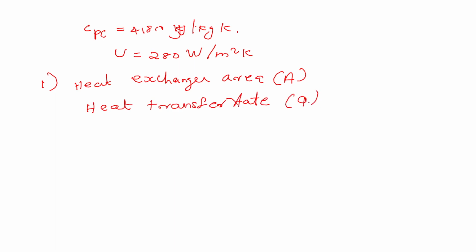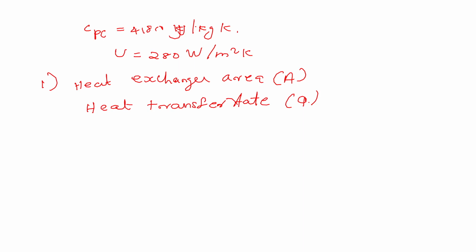Okay. Now to find the heat exchanger area, we have to know that heat lost by the oil, the hot fluid, is equal to heat gained by the water, the cold fluid, right? The oil is giving heat to the water and getting cooled. So both heats should be equal.